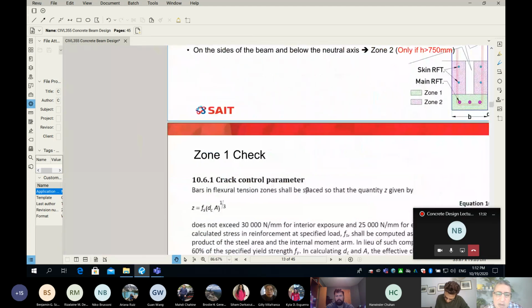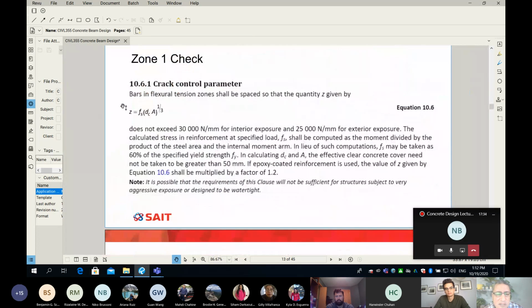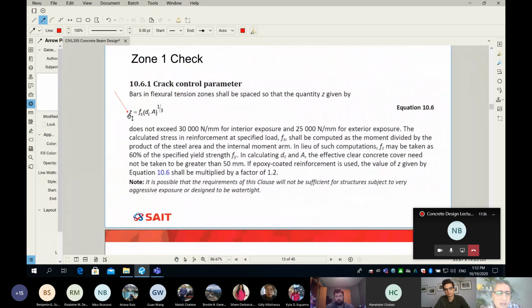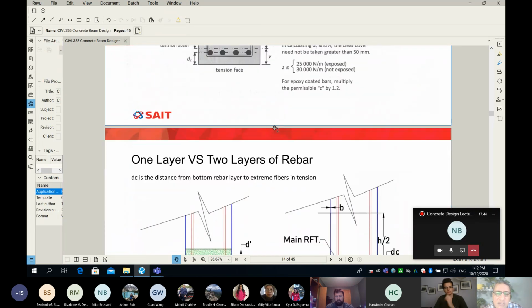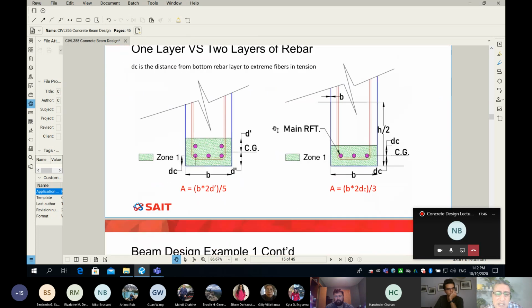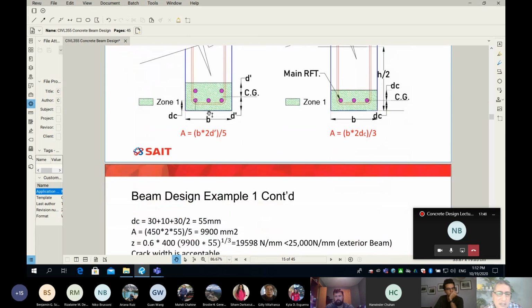Now, for zone number one, quickly, we estimate this number here called Z, which is the crack control factor, from this equation here. Really, what I want to remind you is the difference between d_c. You can see here, d_c is always the distance from the bottom layer of rebar. If we have one layer, great.